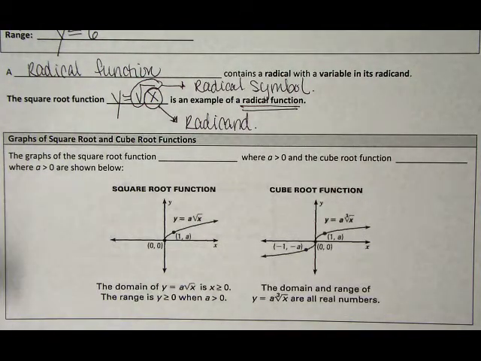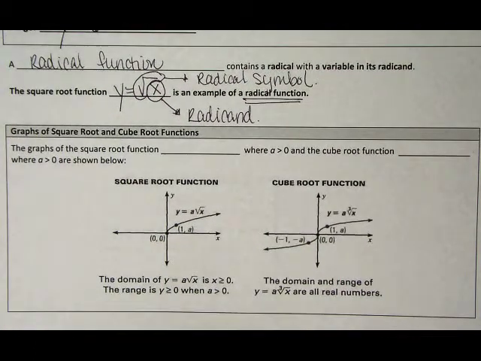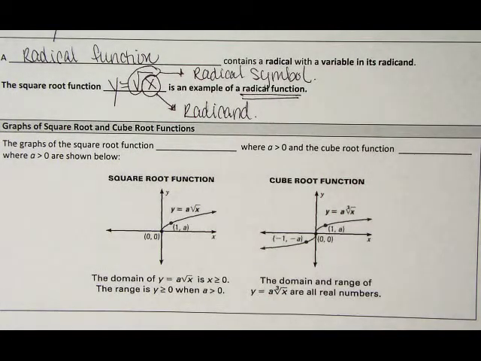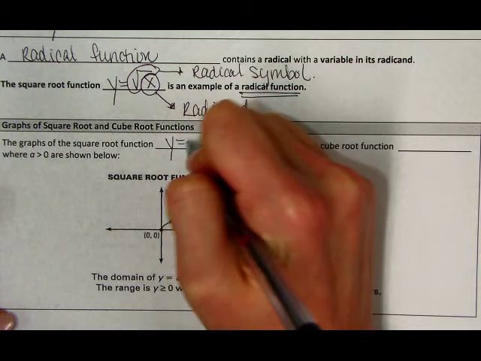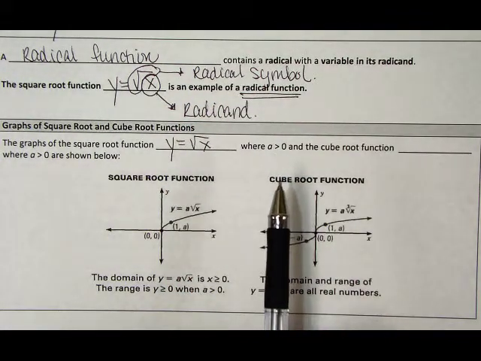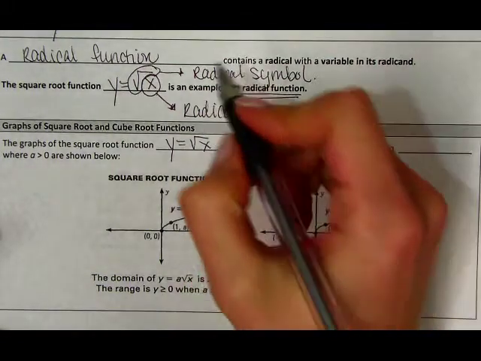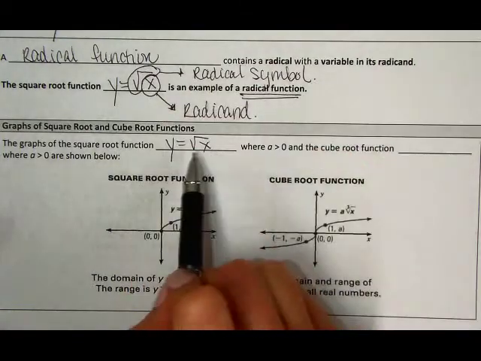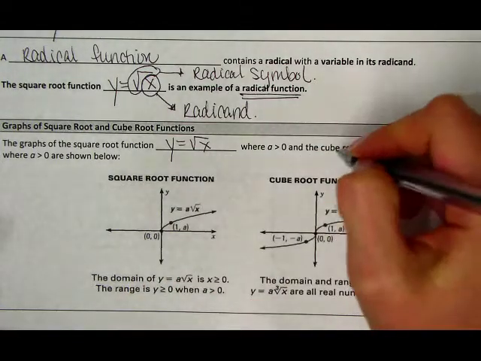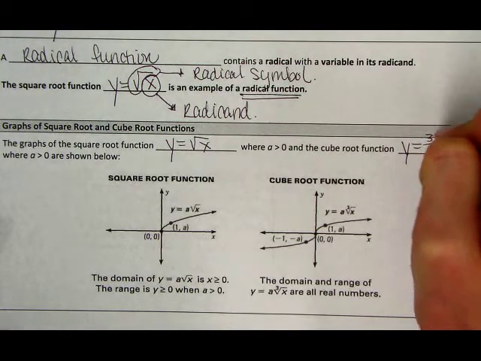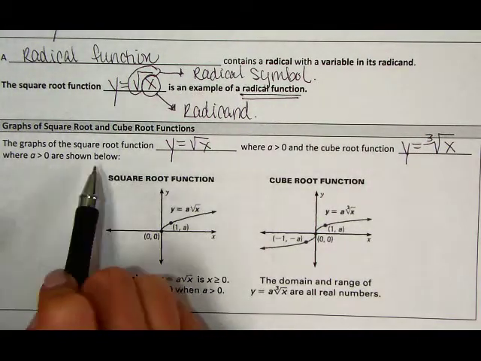So let's look a little more closely at the graphs of square roots and cube roots. We'll zoom in just a little bit here. The graphs of your square root function, y equals a times square root of x, where a is greater than 0, and your cube root function, y equals a times cube root of x, where a is greater than 0, are shown below.